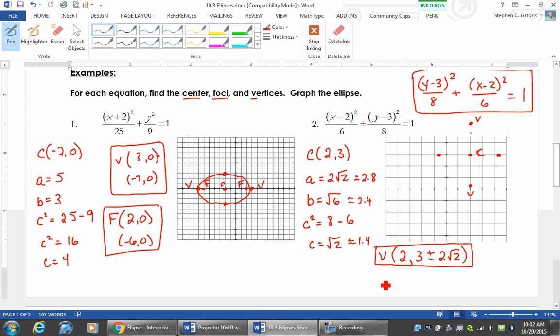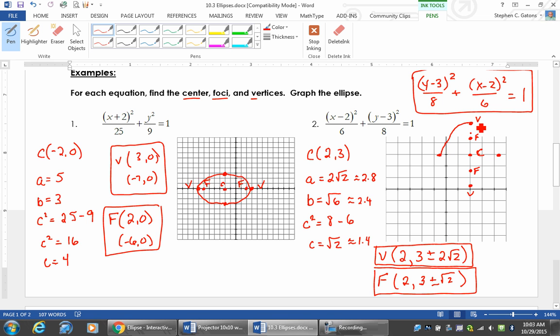And then the foci are always in the same direction as the vertices, but these are 1.4, so go 1.4, that's a focus, and just label it with an F. And then come down here, and we're going to do the same kind of thing here. We started at 2, 3. We went up and down. We went up radical 2, and we went down radical 2, so you write that as plus and minus radical 2.